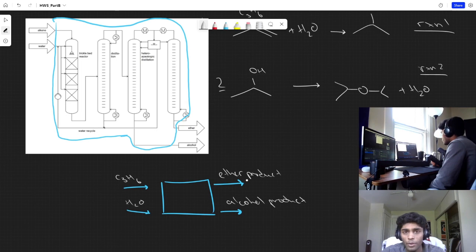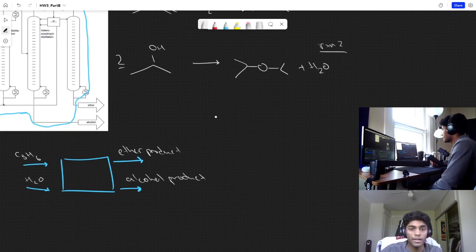So say if we were to make ramifications to this process, trying to improve it a little bit, the first step would be numbering our components. So if we go off to the side here, we have 4 components. So 1, 2, 3, 4. Now, it's common practice to have our most volatile component first, our least volatile component last.